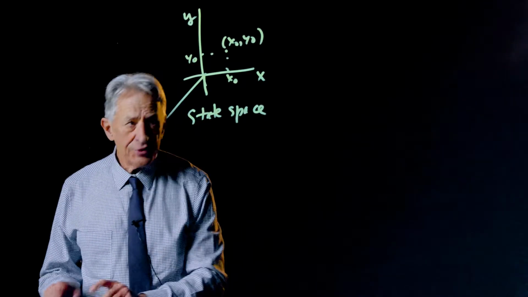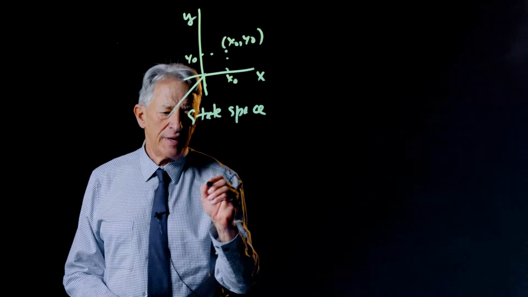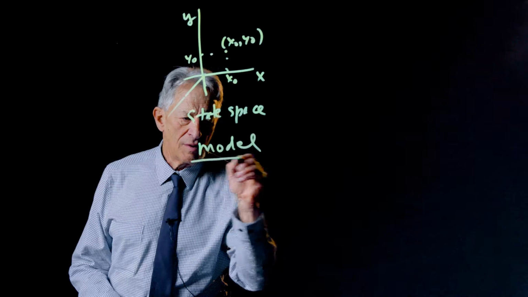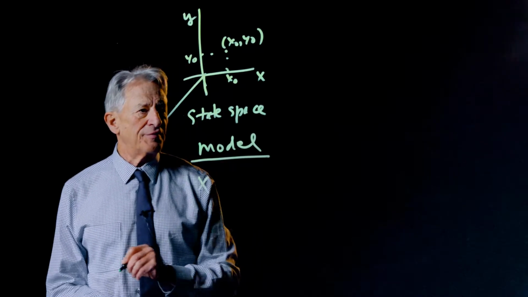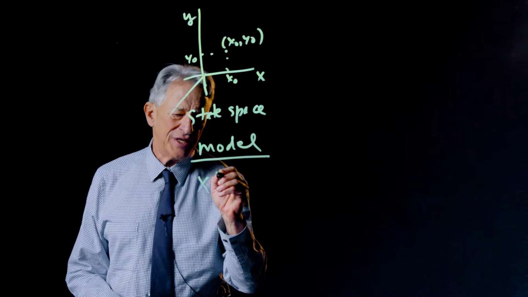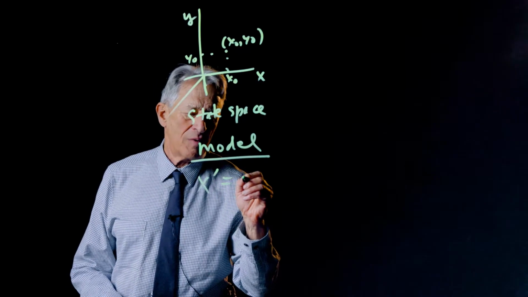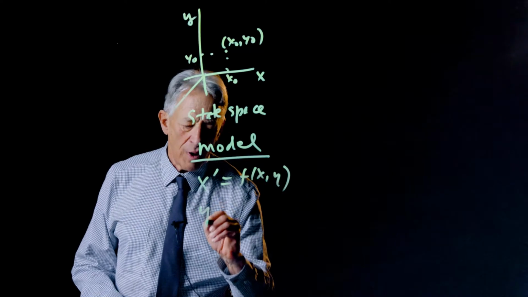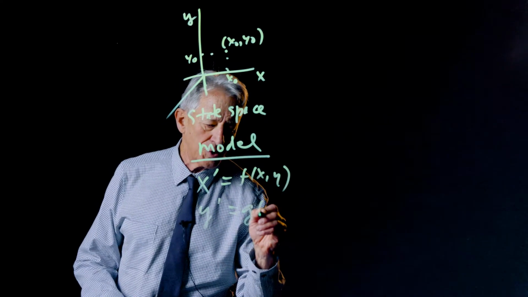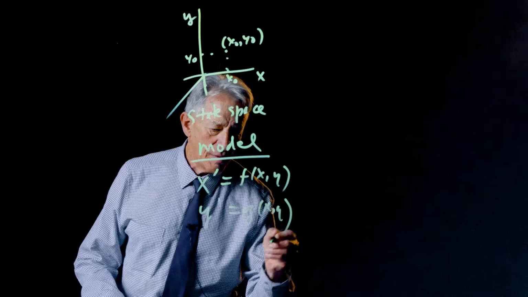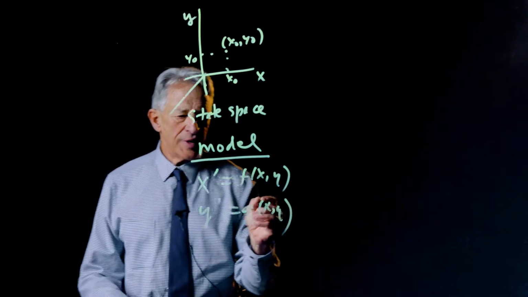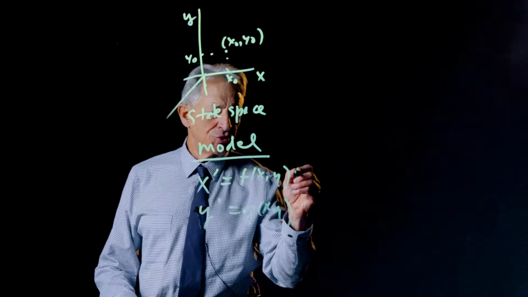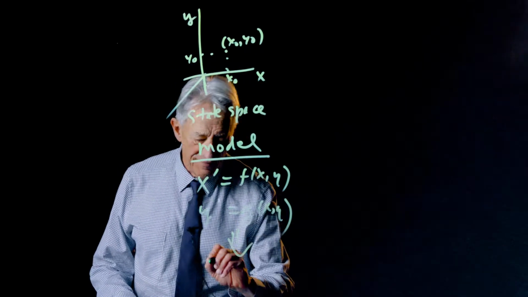And then we learned that we have a model. And the model is in the form of a change equation. X prime equals some function of xy, y prime equals some other function of xy. And we understand that this model gives rise to a vector field.